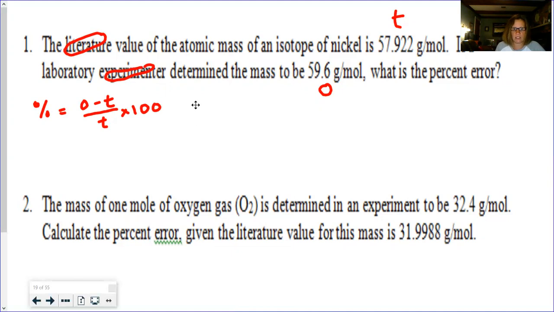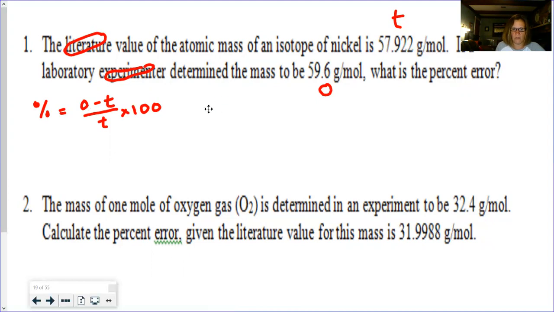And then we're ready to start putting the numbers in. Now I'm going to leave units out of this calculation because I know at the end it's just going to be a percentage anyway. And I feel like the units will muddy up the problem a little bit. Okay, so we know the units match each other, grams over moles, whatever that means. And then we're just going to substitute the numbers in.